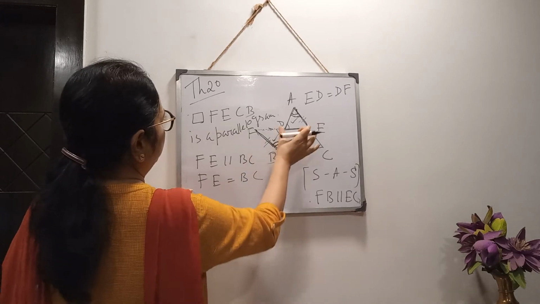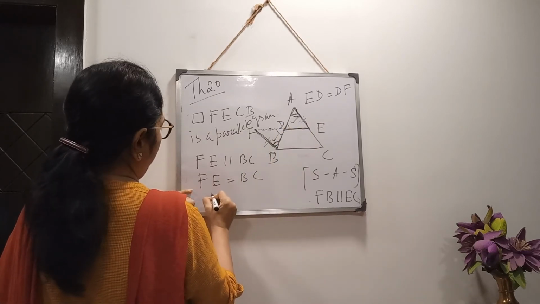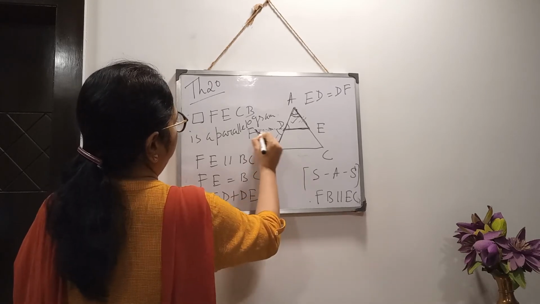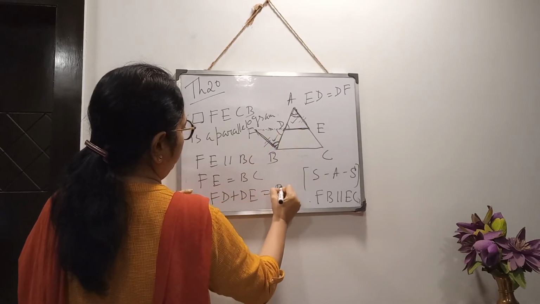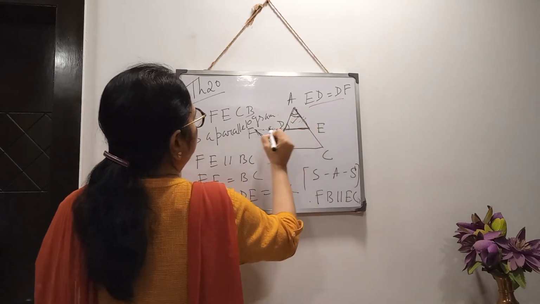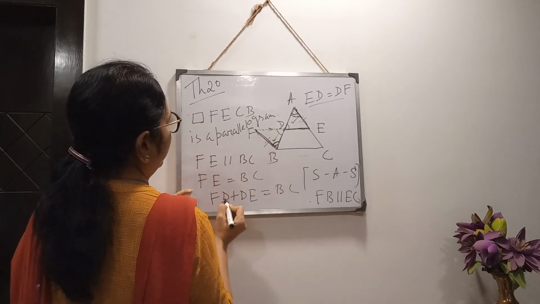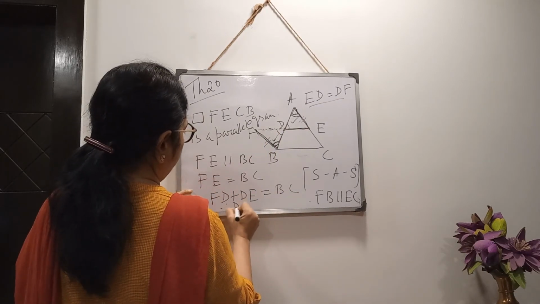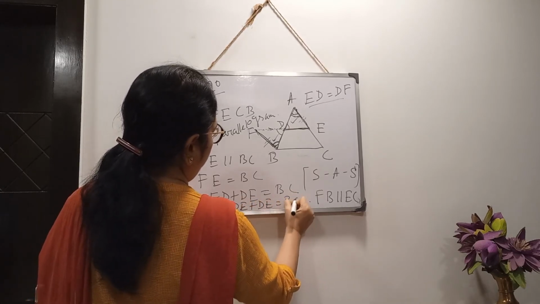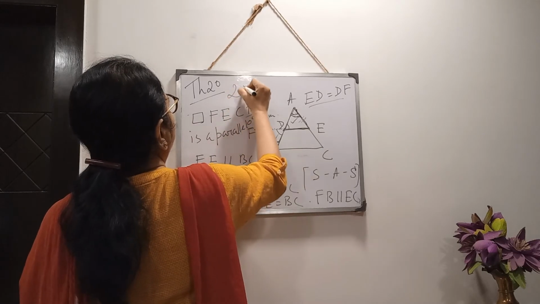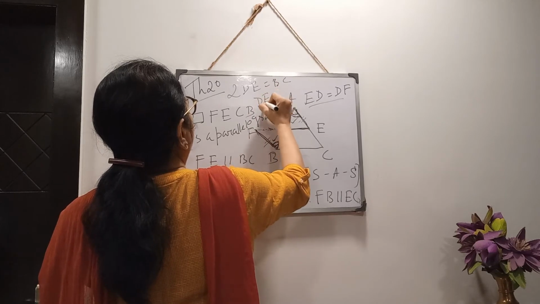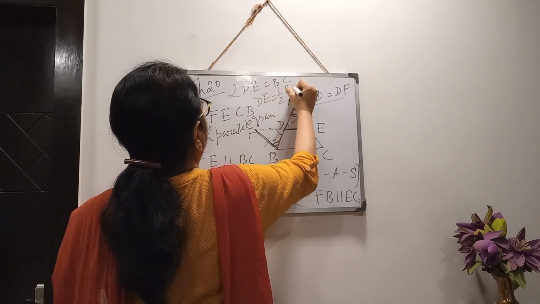Now FE means FD plus DE, so FD plus DE equals BC. According to my construction, FD and DE are the same, so in place of FD we can write DE: DE plus DE equals BC. So twice DE equals BC, therefore DE is half of BC.